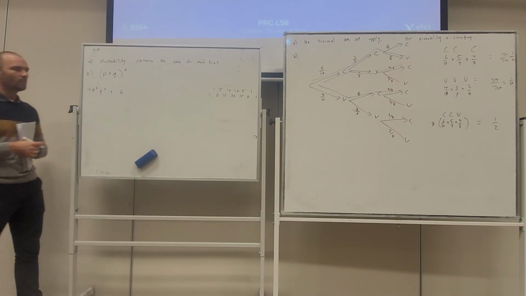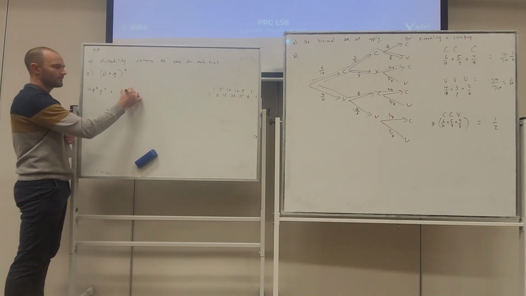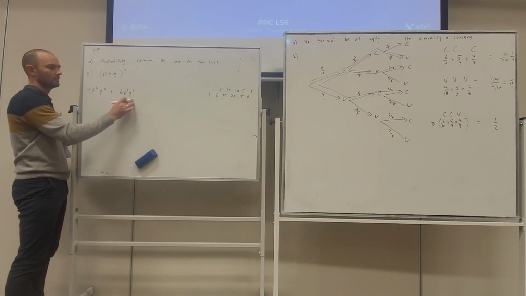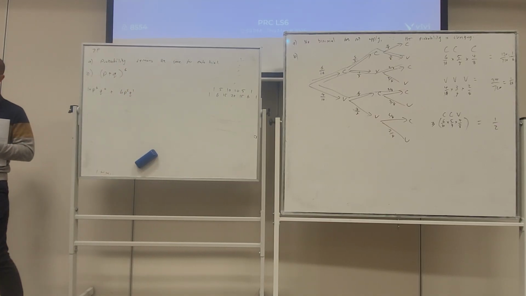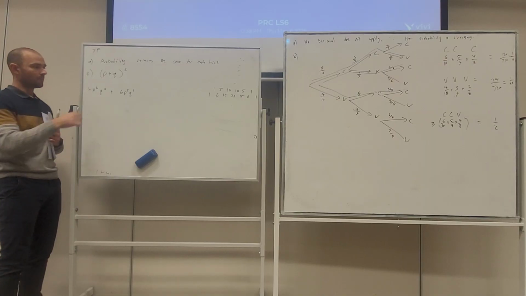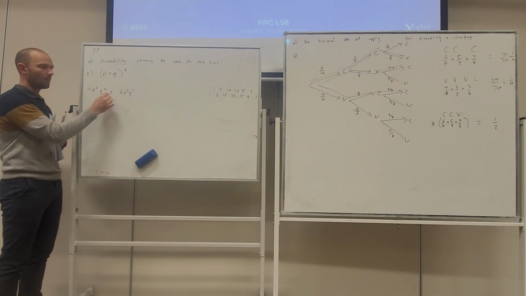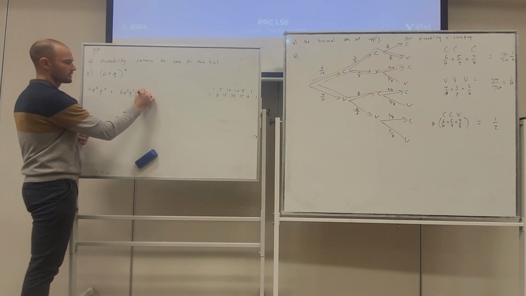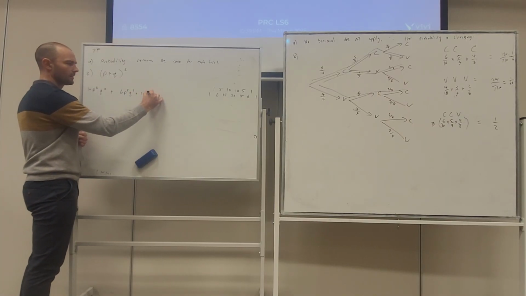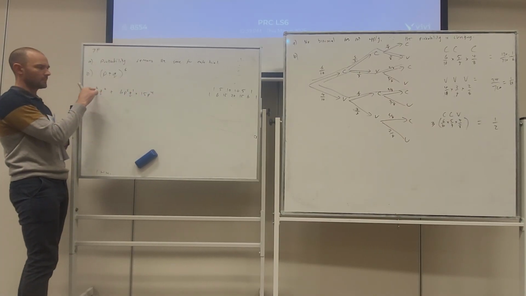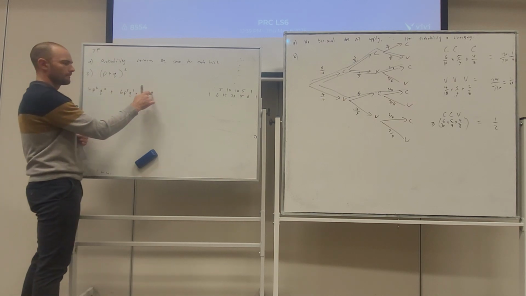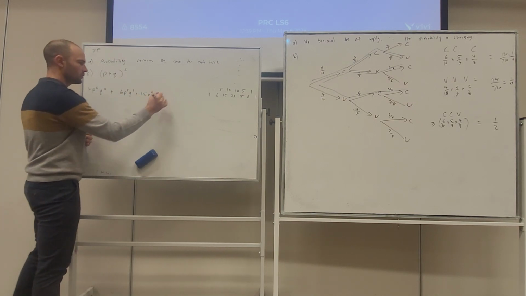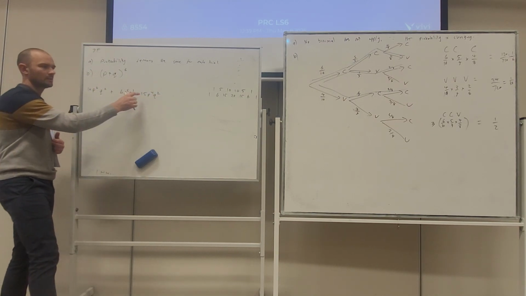And now we're going to have p to the 5, q to the 1. So as we progress, the power of p is decreasing by 1, and the power of q is increasing by 1. Then we'll have plus 15, p to the 4, so notice p: 6, 5, 4, and q to the 2, q: 0, 1, 2.